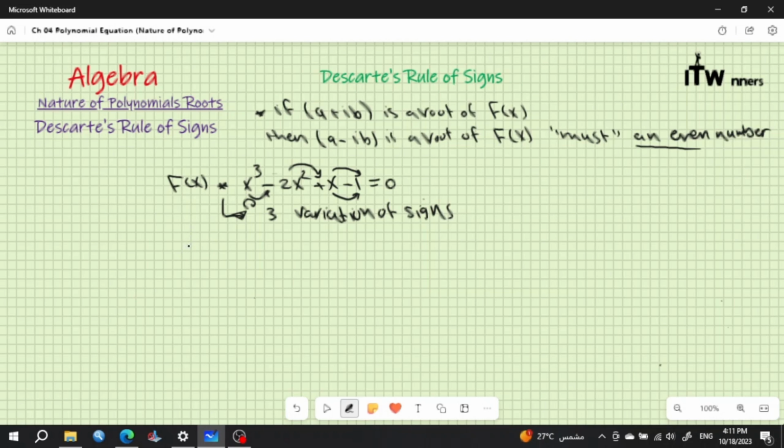Okay, now we have to talk about Descartes' rule of signs, okay. With this rule we can obtain the number of roots.